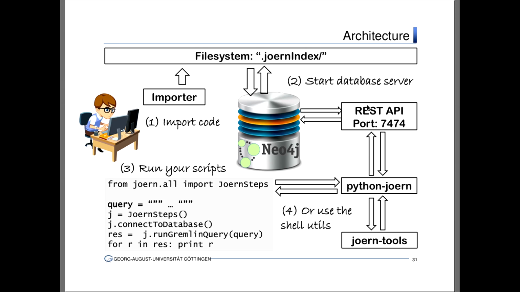This kind of stuff comes from web guys, right? Now, to make sure that you don't ever see that there's web stuff underneath, I wrote a library called Python Joern that you can just include in your scripts, and it will just communicate with the REST API for you. And then you can run your scripts happily.